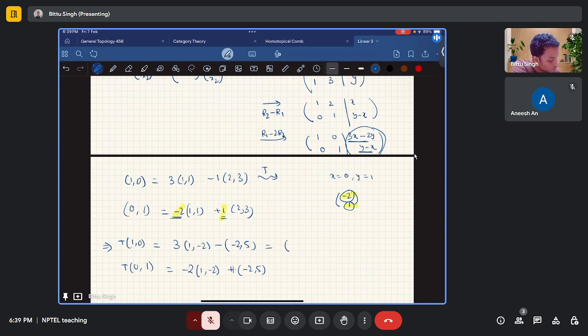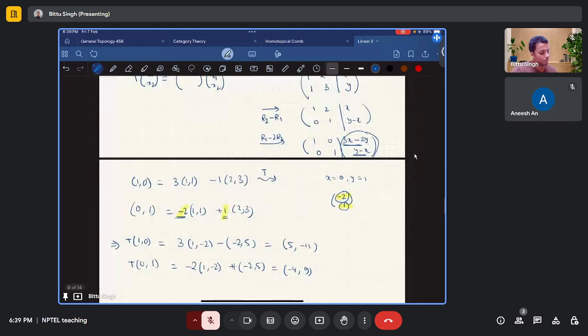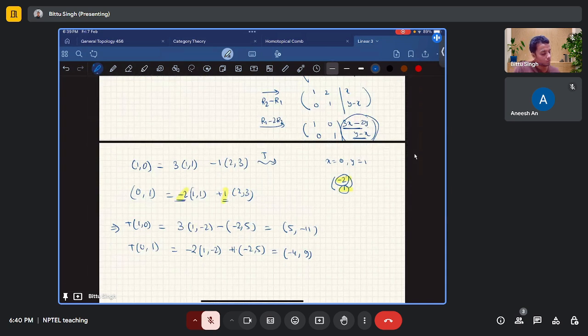So this is the same as: 3 plus 2, which is 5, then minus 6 minus 5, minus 11, and this is minus 2 minus 2, minus 4, plus 4 plus 5, which is 9. So it is clear now, right? The matrix should be 5, minus 11 and minus 4, 9.